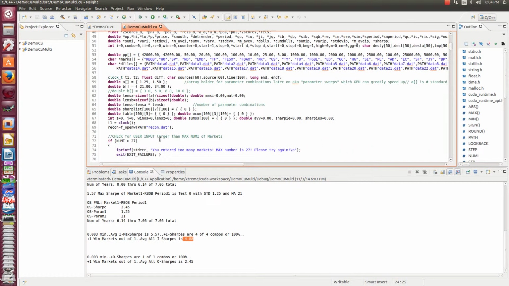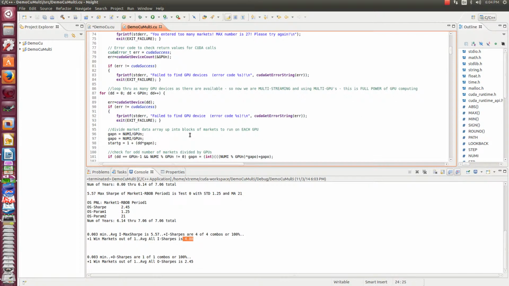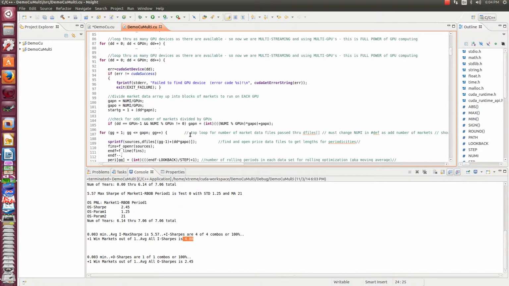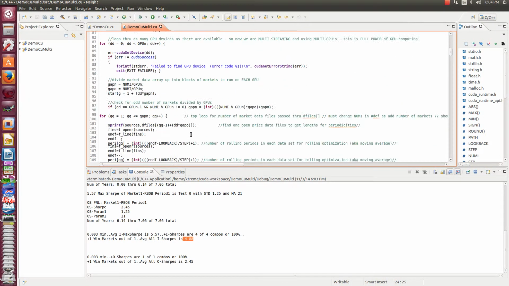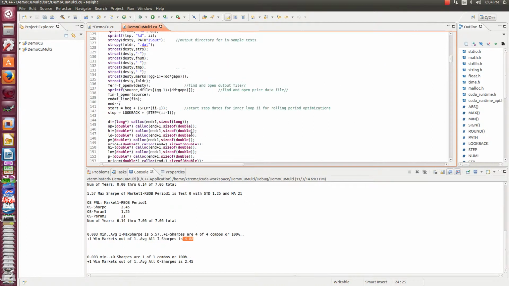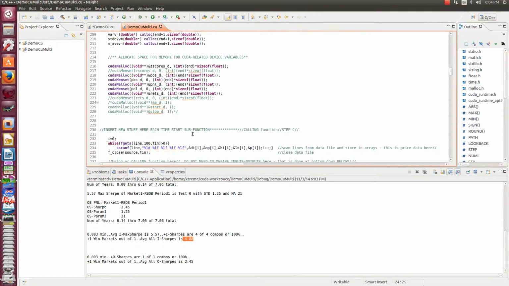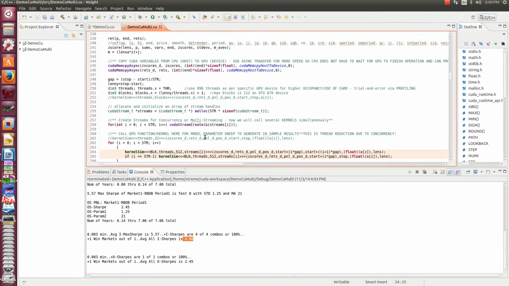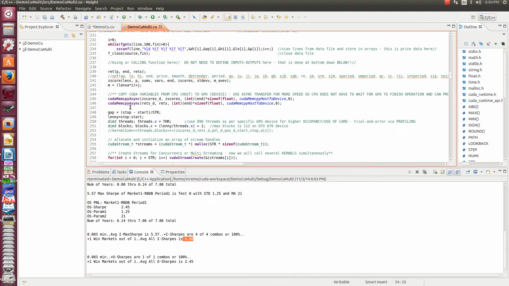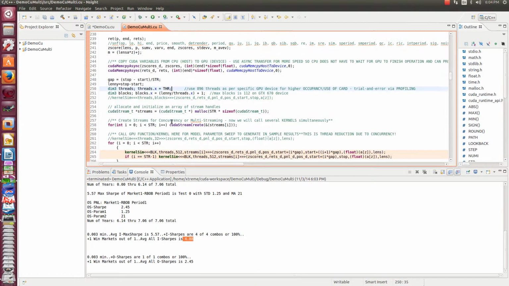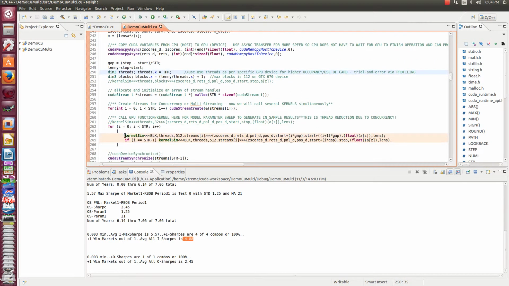So yeah, we basically have a bunch of nested for next loops, and let's see if we can find the actual CUDA function. We call them CUDA kernels. Yeah, we can see the asynchronous here, and we're communicating back to the host CPU and then the GPU. And here we see the classic CUDA kernel call.